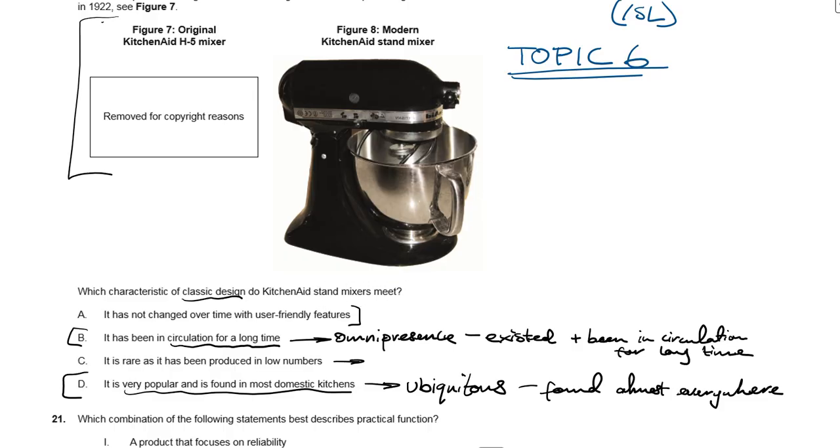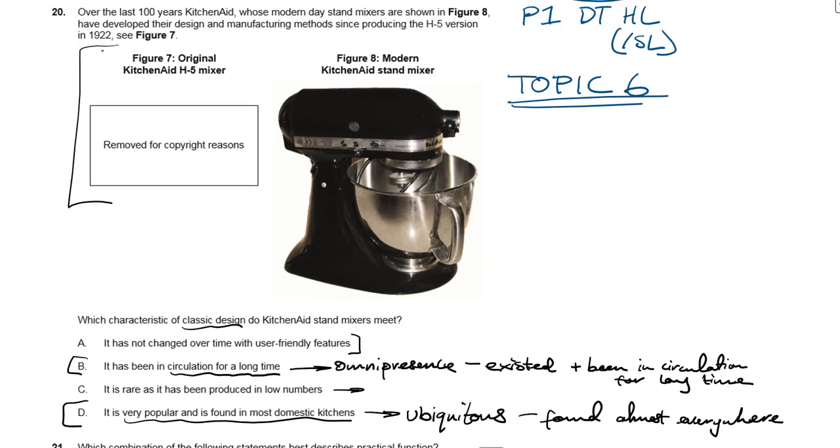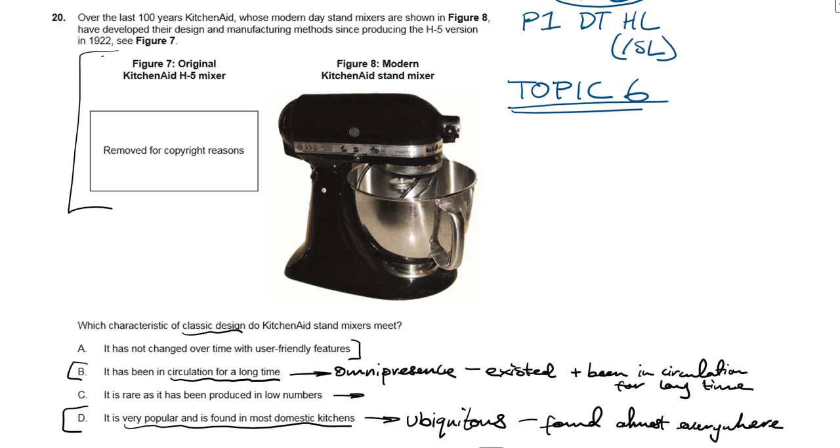But now we're talking about what they meet, and we can't choose both. We can only have one option. And even C seems like a possibility. It could be a valid answer if we were given that data in the description, but we weren't. So looking at the images, our previous one looks hard to use, right?